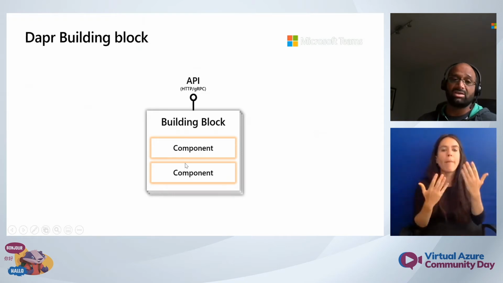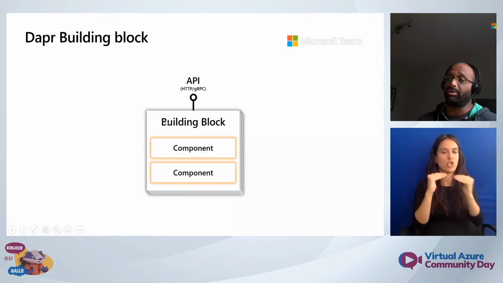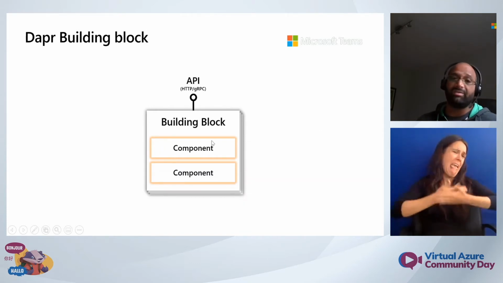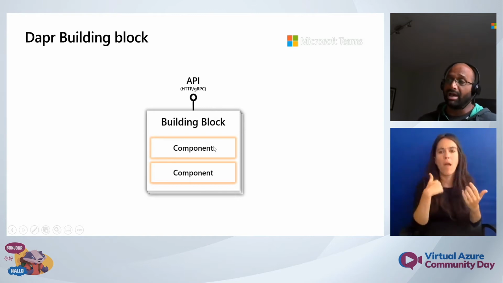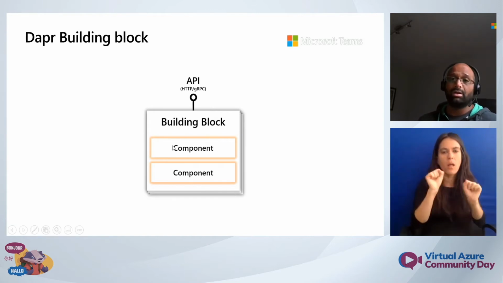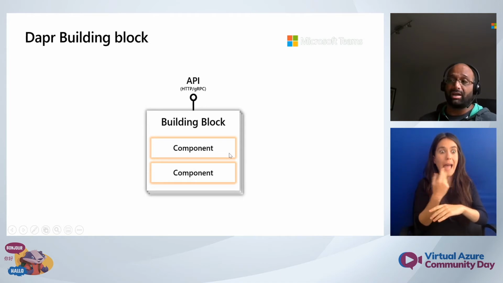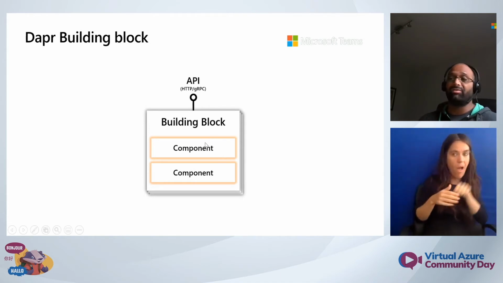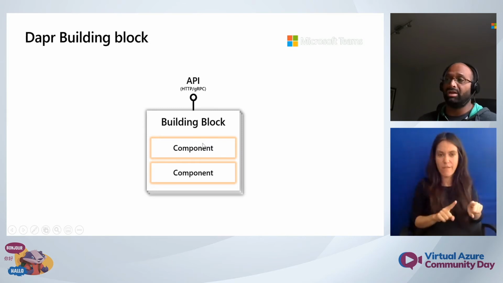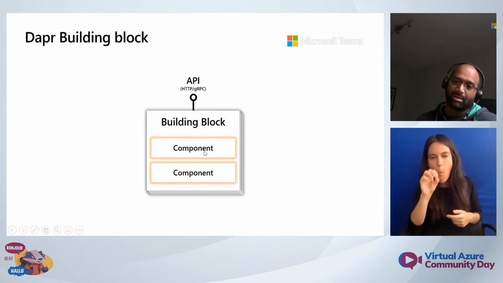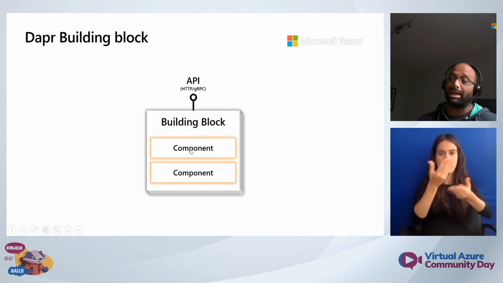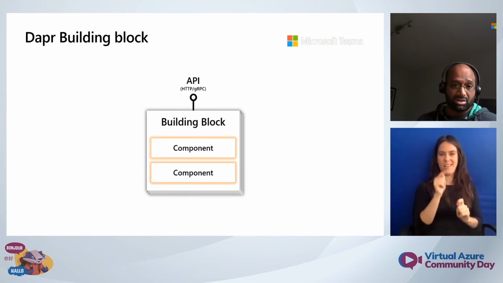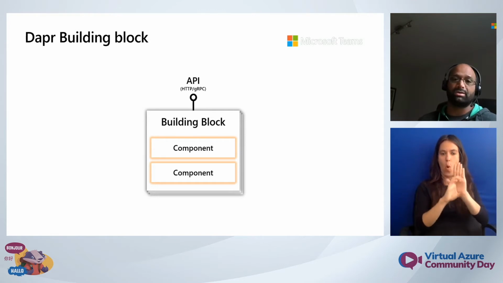You can use any component. For example, if I'm doing local development, I can use a Redis state store. If I am in the cloud, I can use Redis or Azure Cosmos DB. If I'm in AWS, I can use DynamoDB. This pluggable architecture of a building block helps you just make some changes in the configuration YAML file and change the component.